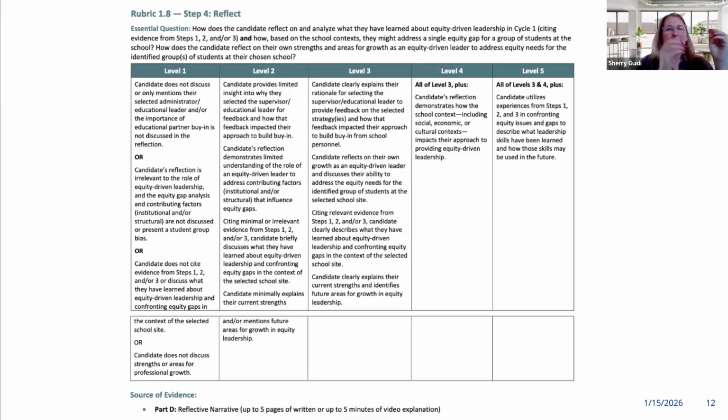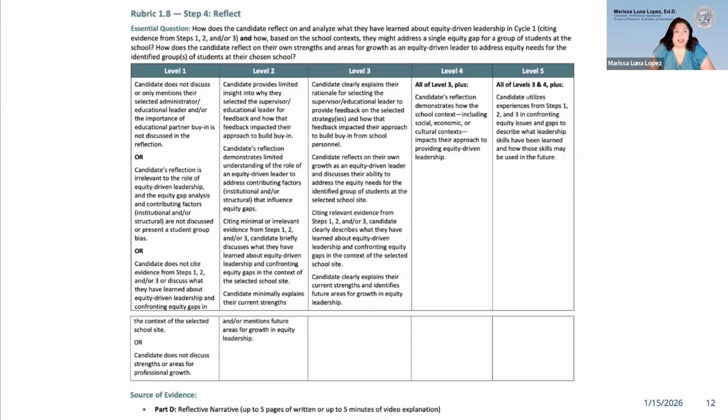This one goes with the reflect, and I understand the constructs and the ors, but where are they responding to this information in terms of the templates that they're completing? I'm trying to find the connection between the rubric and the templates that they're doing. So the rubrics are used to score whatever evidence is identified for that rubric.